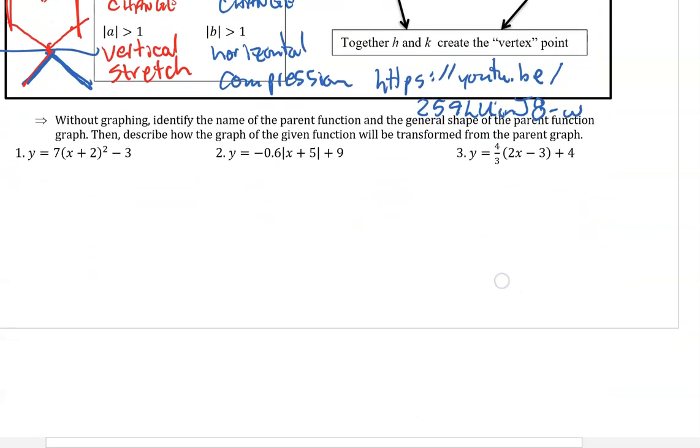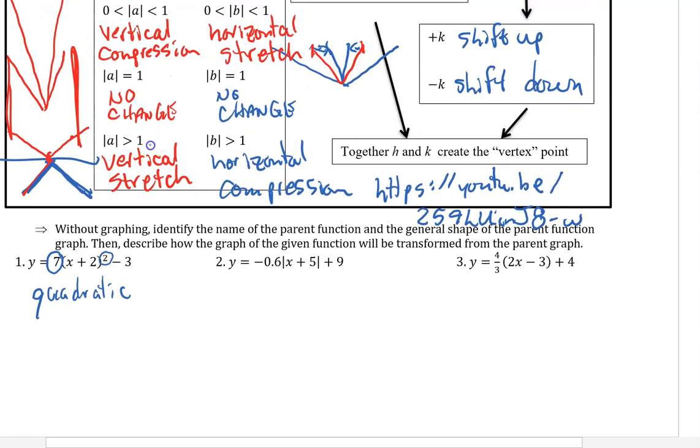Let's take a look at some examples. So first, 7 times x plus 2 quantity squared minus 3. What do we know about this? The parent function is a quadratic. a equals 7. a is greater than 1. It is vertically stretched.